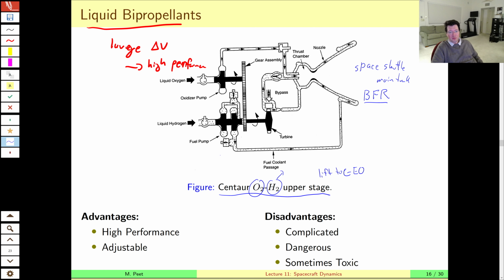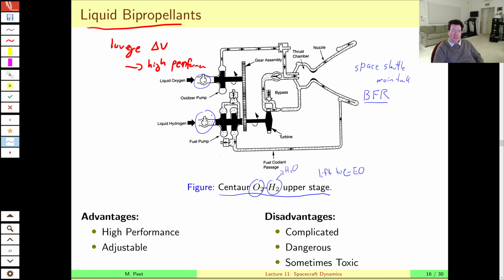Hydrogen burns with its oxidizer, which is oxygen, and they produce essentially water. So you can electrolyze water and produce oxygen and hydrogen, and then recombine them for rocket fuel. That's why it's so important to be able to find water on various planets.